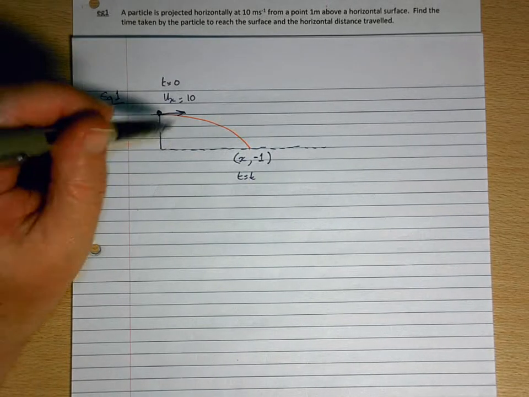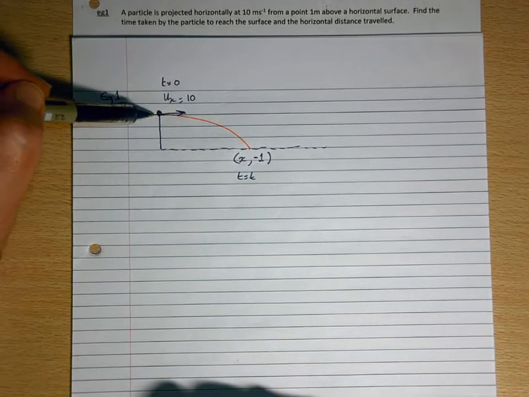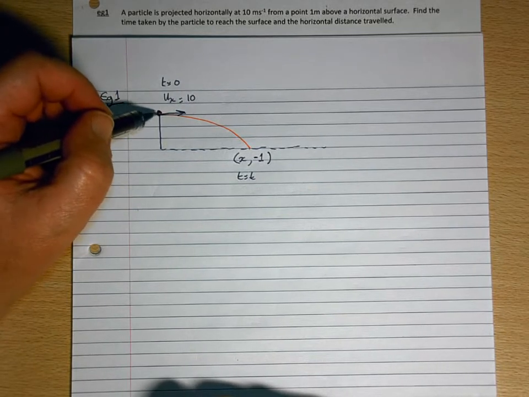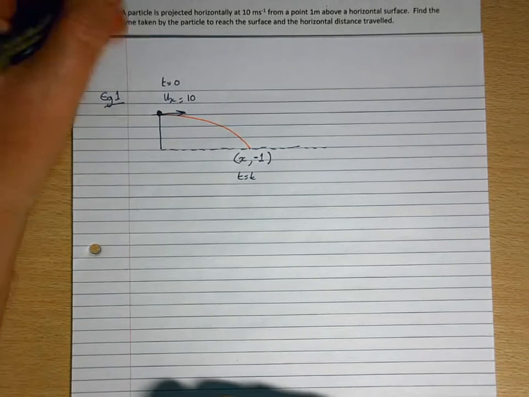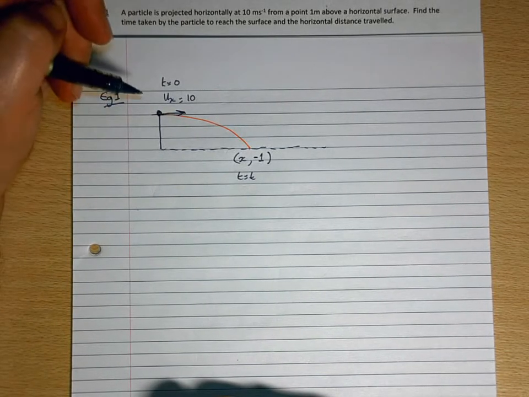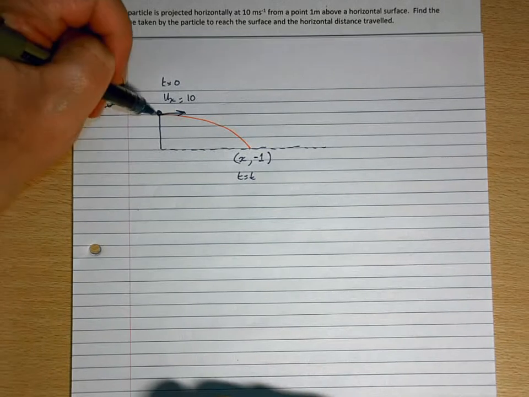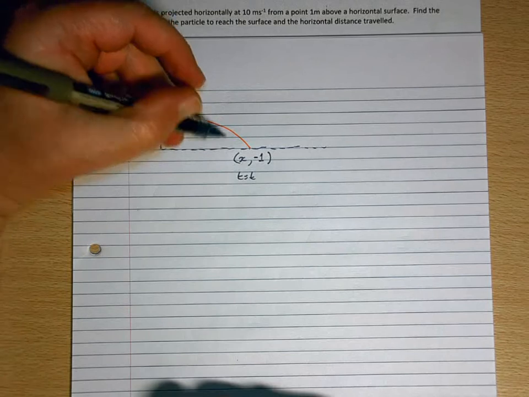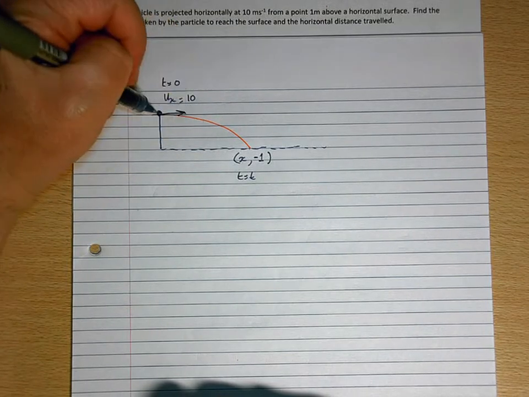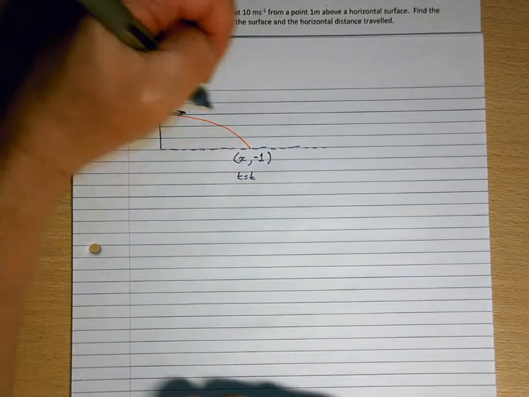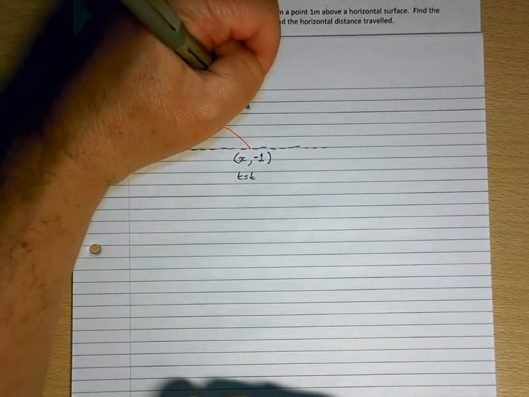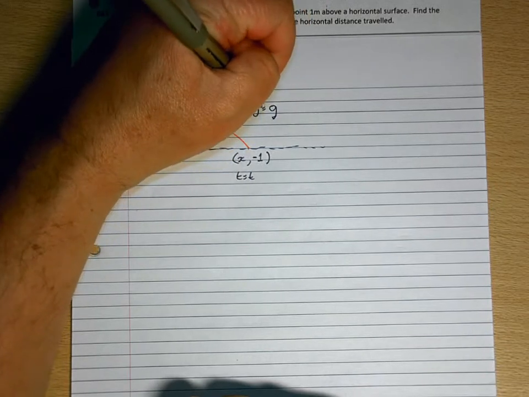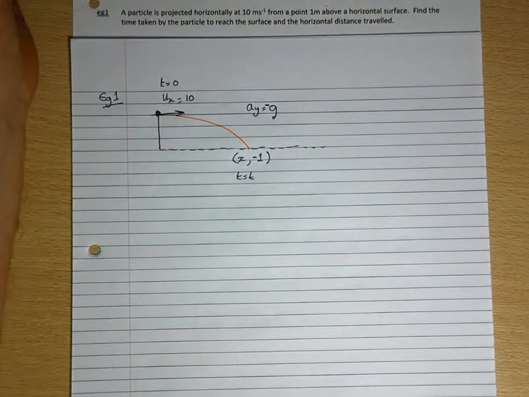And we also know that during that motion, the acceleration for that particle is the acceleration due to gravity, and that only acts vertically, and it's always going to pull downwards. So as that moves from the point of projection to the point of impact, its acceleration, ay, is going to be negative g.